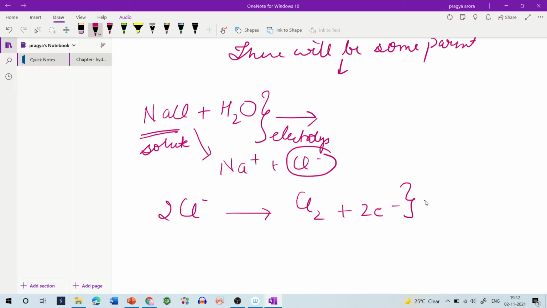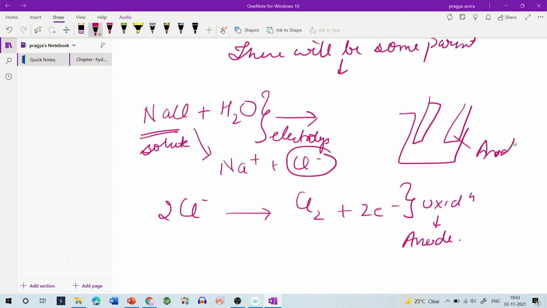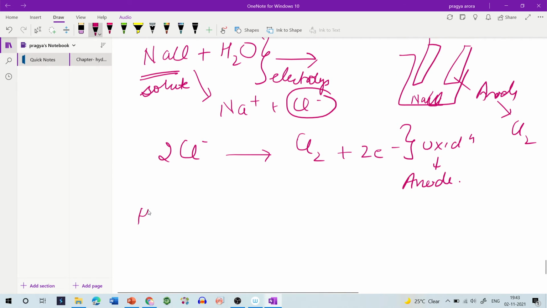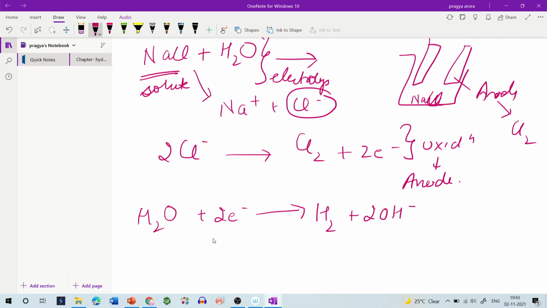Now we know the process is oxidation. Oxidation happens on anode. So during the electrolysis process, there we have two electrodes. On anode, when you do NaCl saturated solution electrolysis, anode will give Cl2 gas. While since it is a solution in water, the water will gain the released electrons from the Cl minus ions and will form H2 gas and will release 2 OH minus ions. These H2O basically is H plus and OH minus.